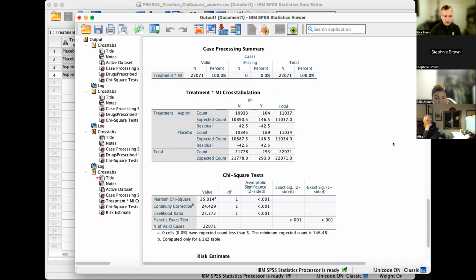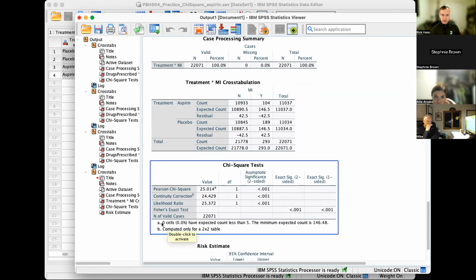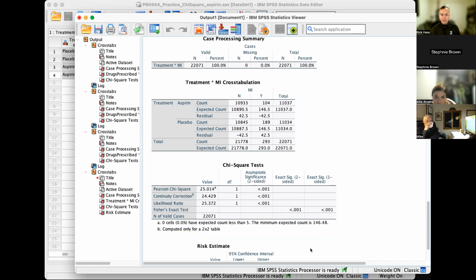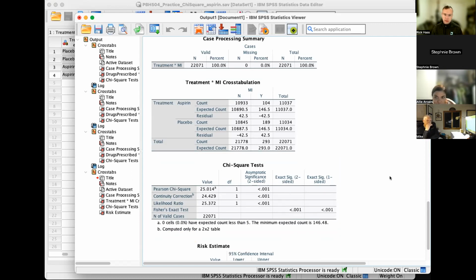Whichever way you want to phrase it, all of those are equivalent in terms of what the chi-square can tell you. Importantly, it also tells you right here, 0 cells have expected count less than 5. The minimum expected count is 146. It's greater than 5, so that's great. These data do not violate the assumptions of the test.